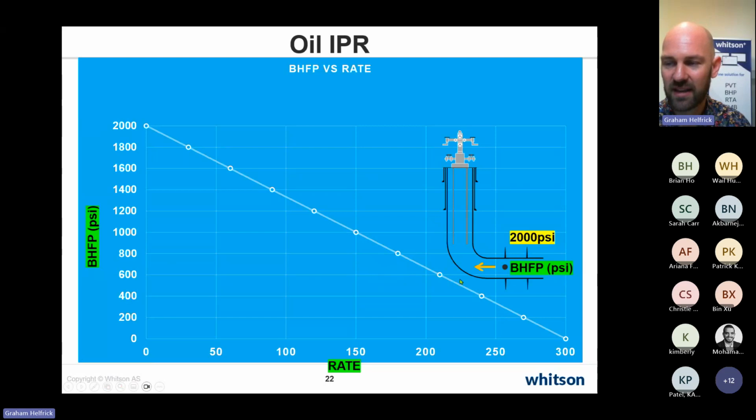That bottom hole flowing pressure is located here, by the perfs in the wellbore. We have the high pressure out in the reservoir. When we're shut in, the pressure is the same in the wellbore as in the reservoir. As we lower the bottom hole flowing pressure, our rate will increase. So this is an IPR curve.